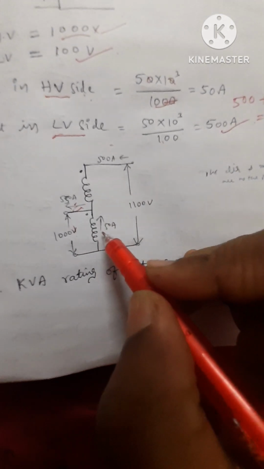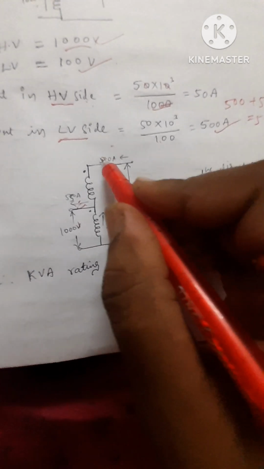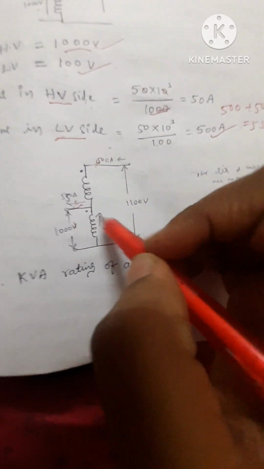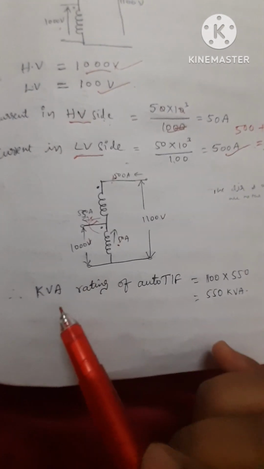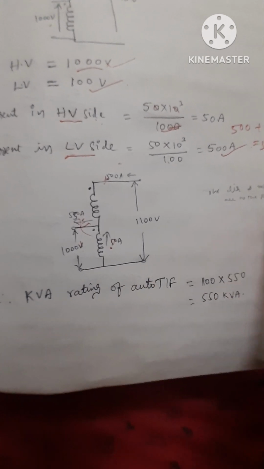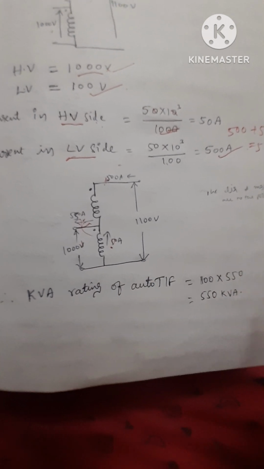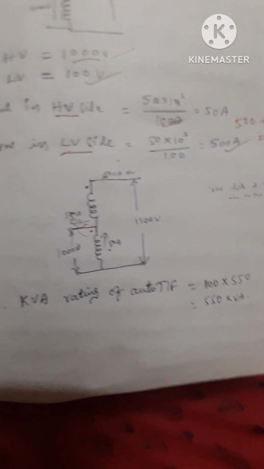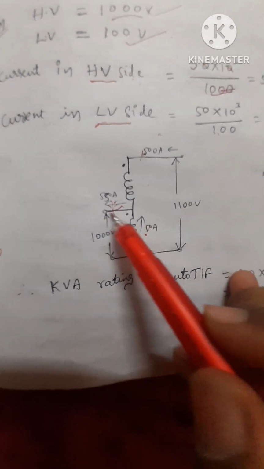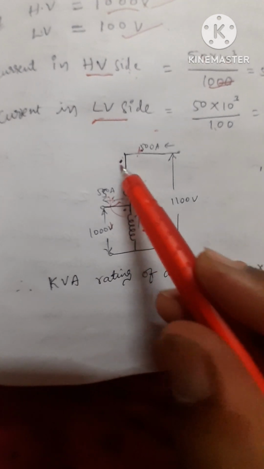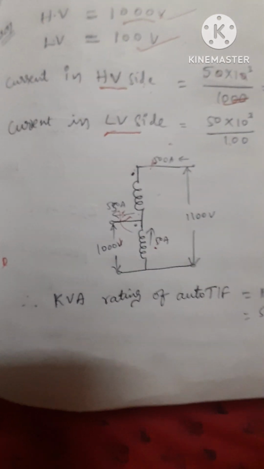That means 50 amperes from here and 500 amperes from here, total 550 amperes. The direction and magnitude are always according to the polarity shown.